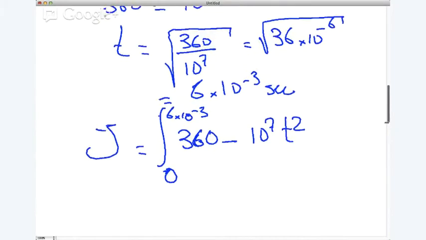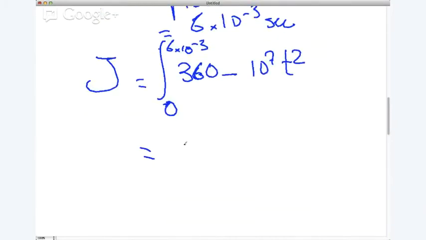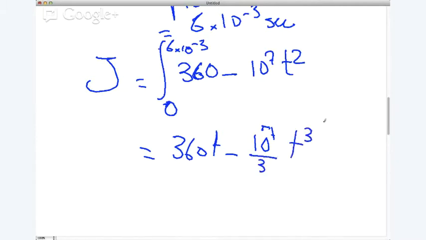And this is a fairly straightforward integral, which is 360t minus 10 to the 7 over 3 t cubed from 0 to 6 times 10 to the minus 3.